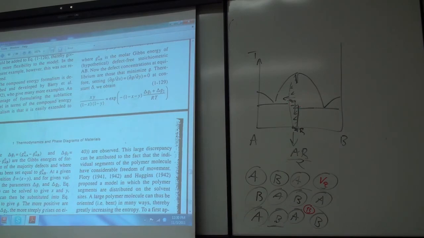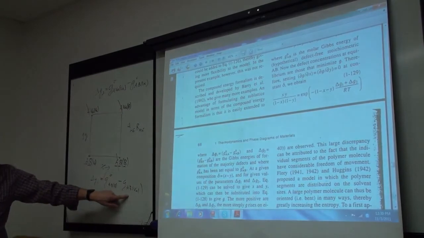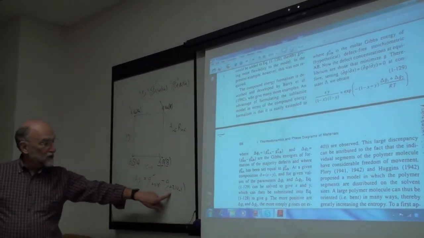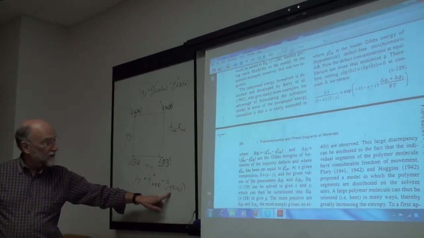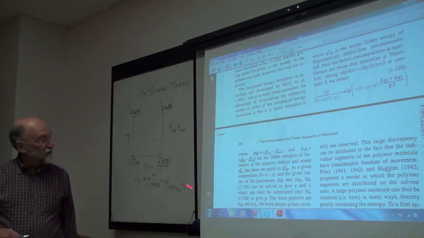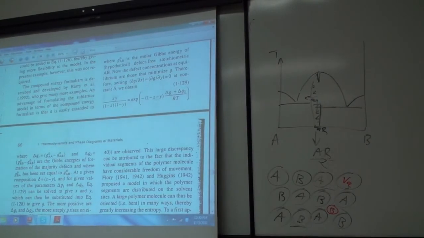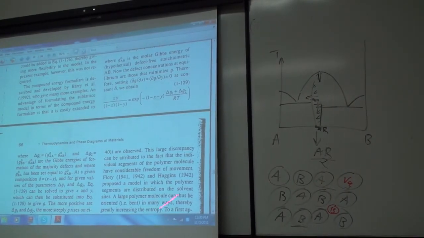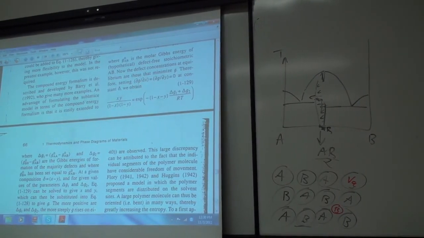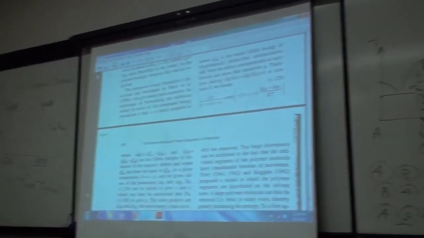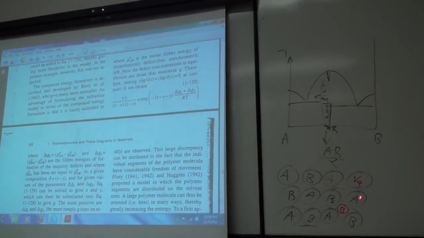But the thing is, the energy of forming one kind of defect, if it differs by a couple of kilojoules from the energy of forming the other kind of defect, and you do the mathematics, you'll find that this minority defect is really trivial, is really minor compared to the majority defect. Unless you happen to have, by sheer chance, the energy of forming a B interstitial almost exactly the same as the energy of putting a B substitutionally on an A site.